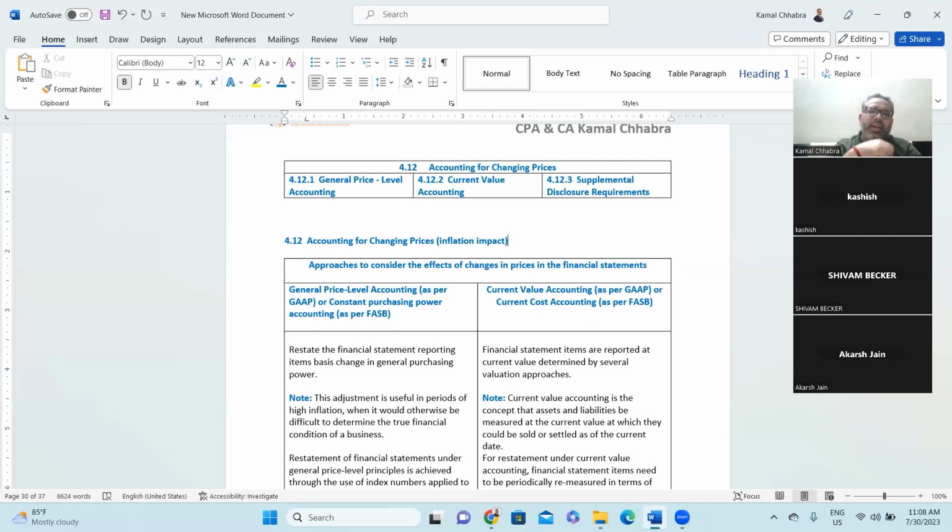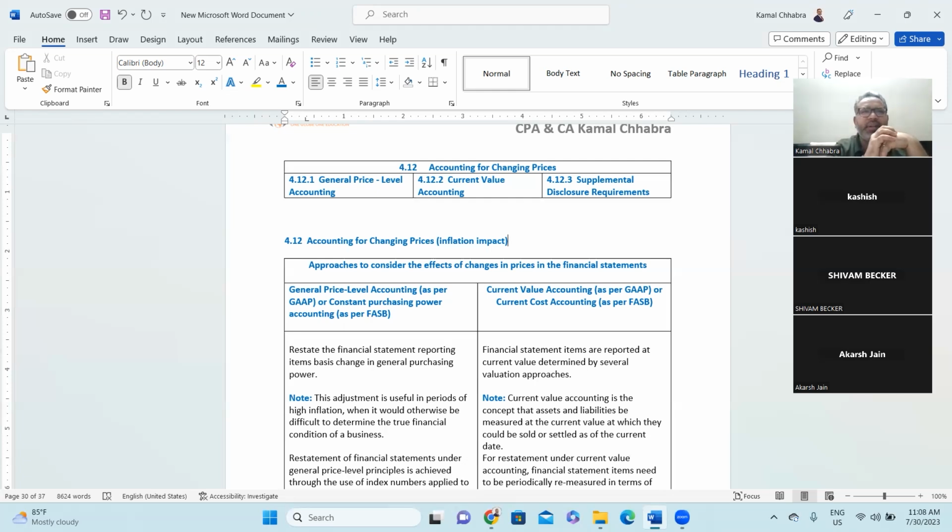So first, the high level of accounting for changing prices. Changing prices are basically on account of inflation impact, as there is inflation year over year. So the purchasing power of people generally gets reduced.